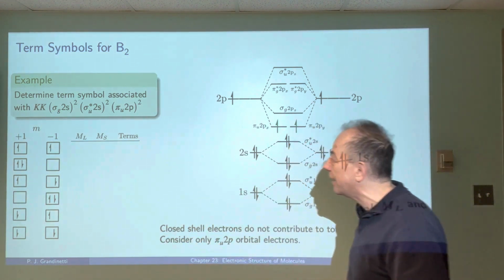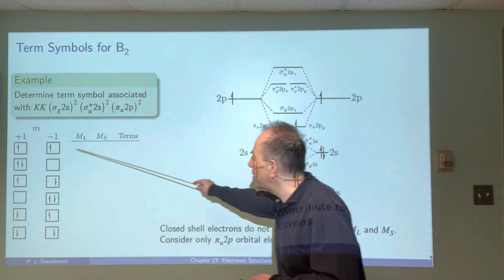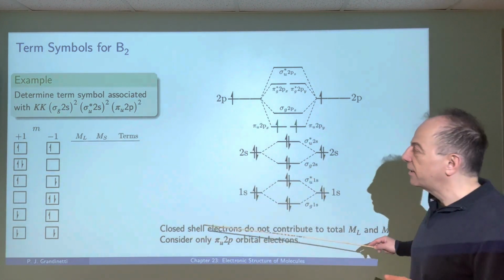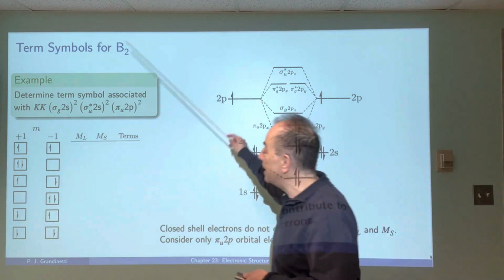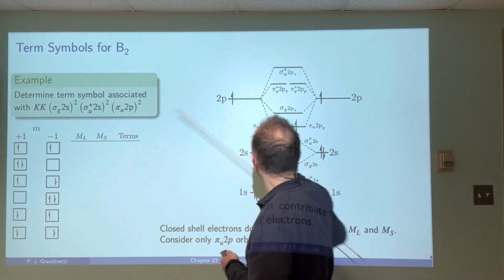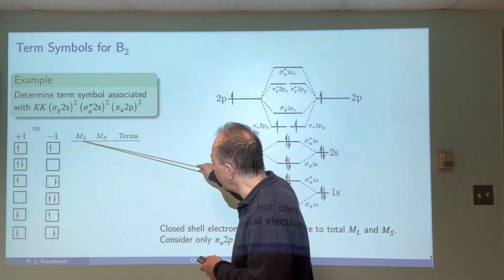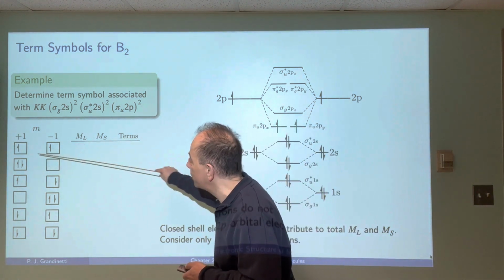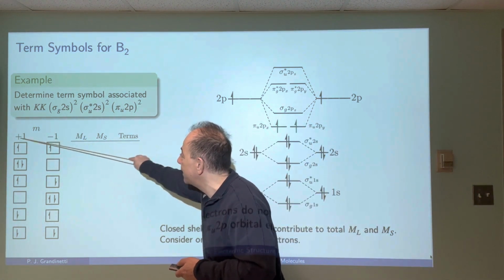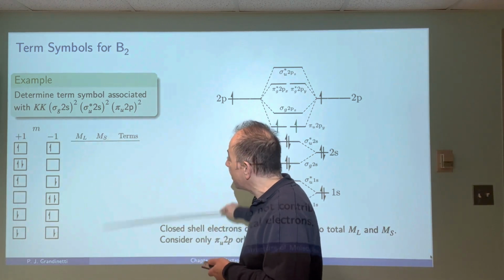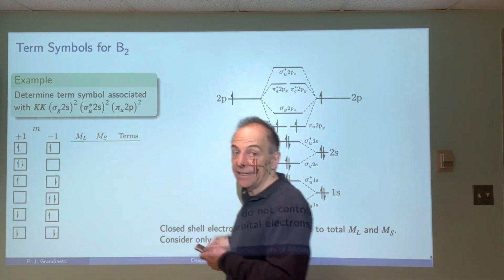In fact, it's probably a little easier. So let's take a look at how we might figure out what the possible terms are that are associated with the B2 molecule with this particular electron configuration. We're going to fill out the total M sub L, which we're just going to get by adding together the M values for each of the orbitals that are occupied, and then the M sub S value from the spin state of each of those.